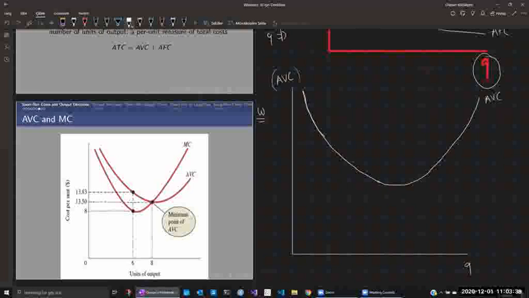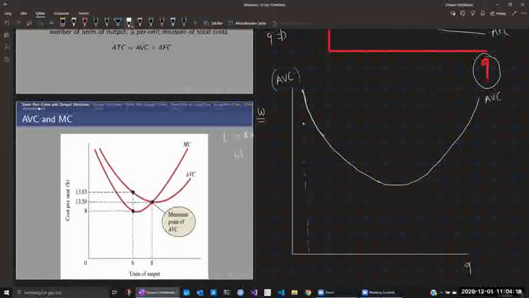For the first unit of production, what I should have is that the marginal cost should be somehow lower than the average variable cost. The reason is that, for example, suppose the first labor produces me 10 hamburgers, right?